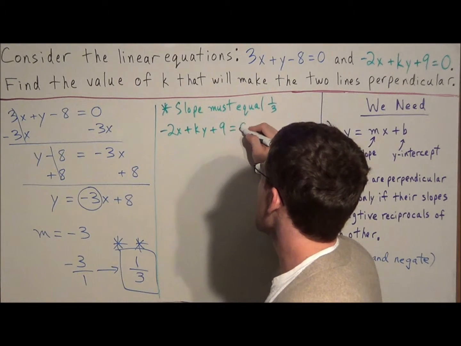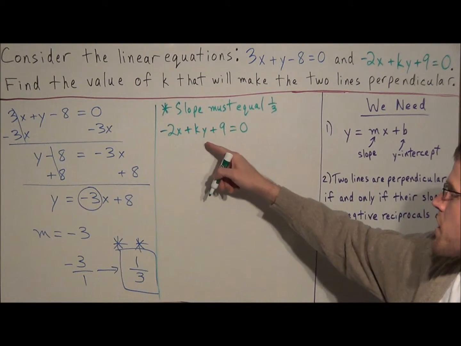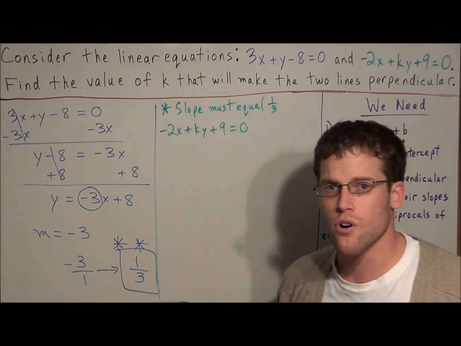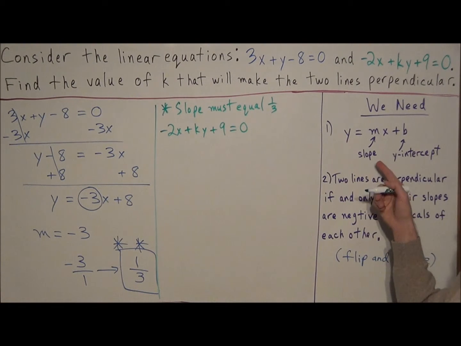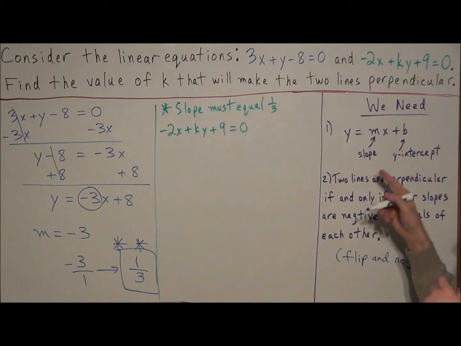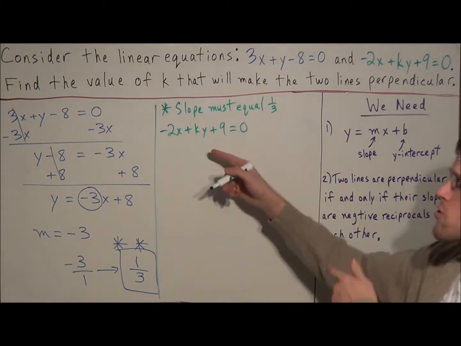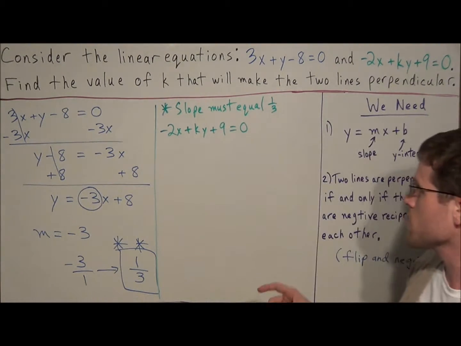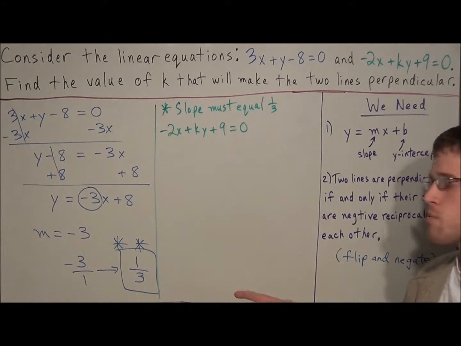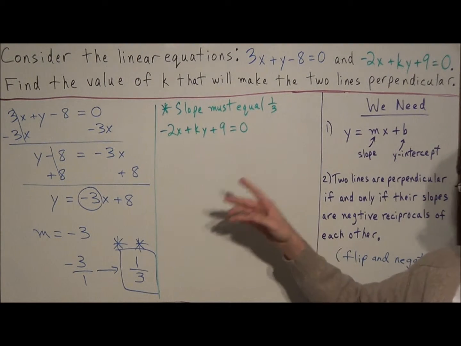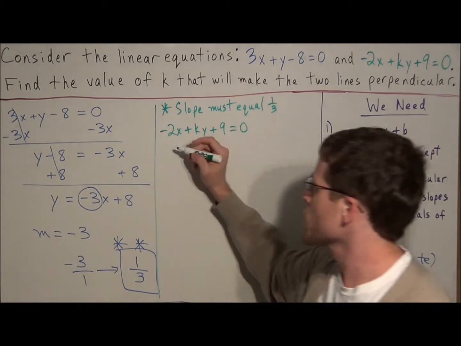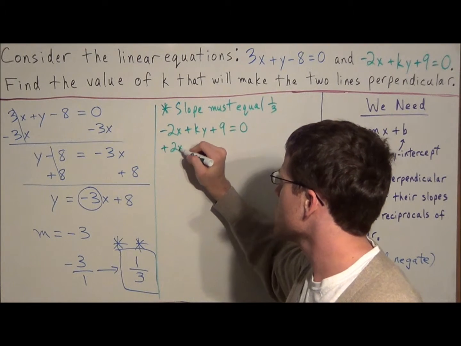To get y by itself, remember that's our goal. We want to solve for y because this will help us identify the slope, which will ultimately allow us to solve for k. Notice that k is unknown at this point, but we're going to use this idea of slope to help us find the value of k. So we add 2x to both sides.